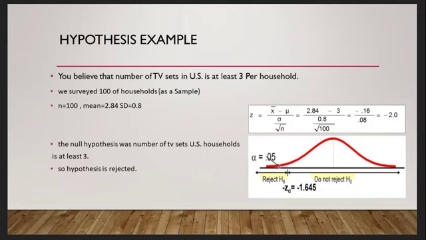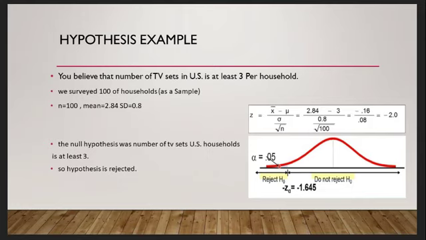The expected value here was 3, that you accepted: the average household in the US will hold at least 3. So the expected value was greater than or equal to 3, right? But in reality it was only 2.84. So we compute 2.84 minus 3, divided by the standard deviation 0.8 over the square root of 100. You remember in the previous lesson we were doing observation minus the mean divided by the standard deviation.